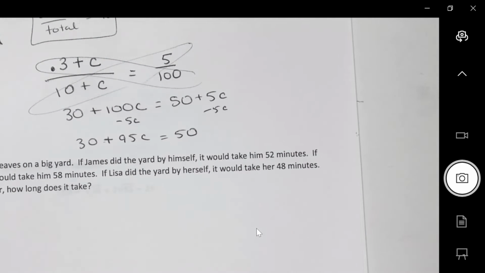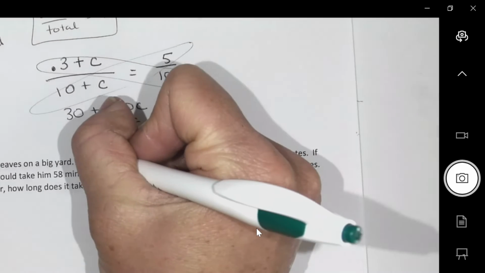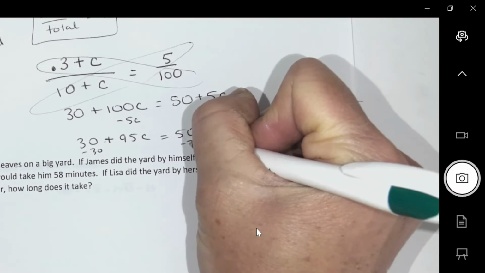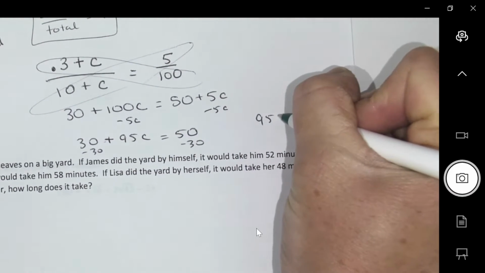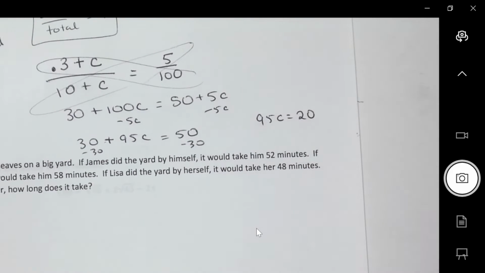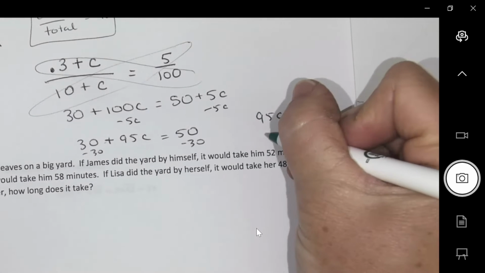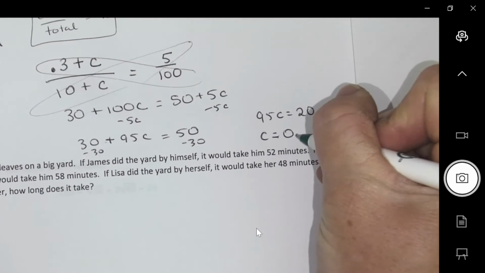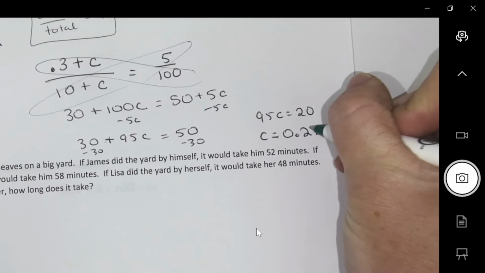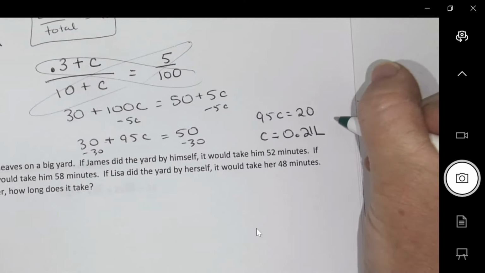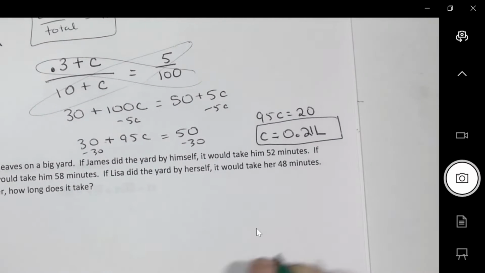Group the C's and then move the 30. Okay, I'm going to divide by 95. And I get 0.21 liters of chemical you're going to add up to this.